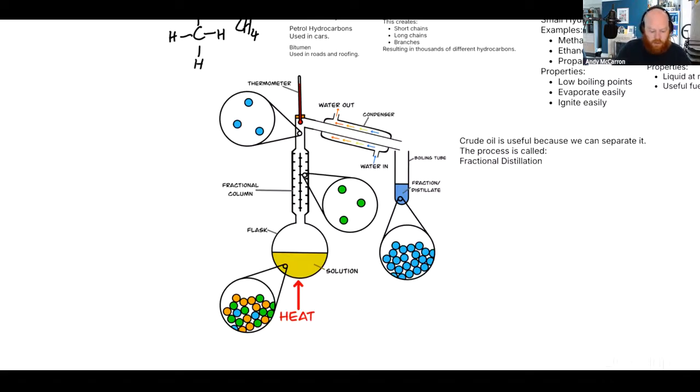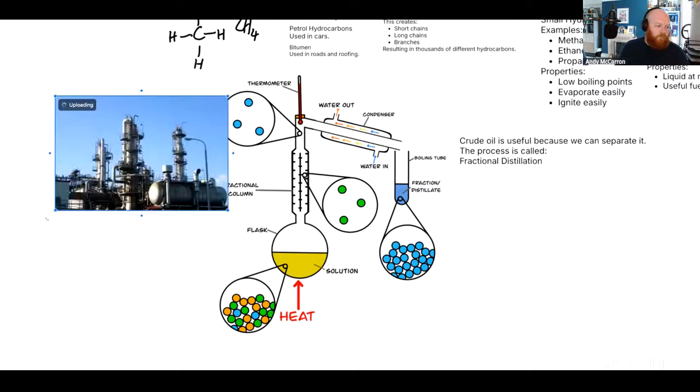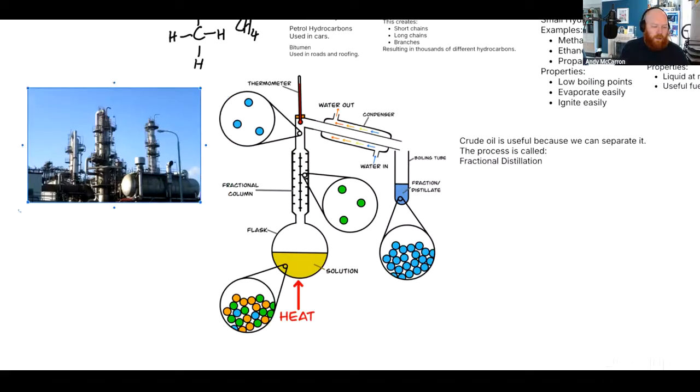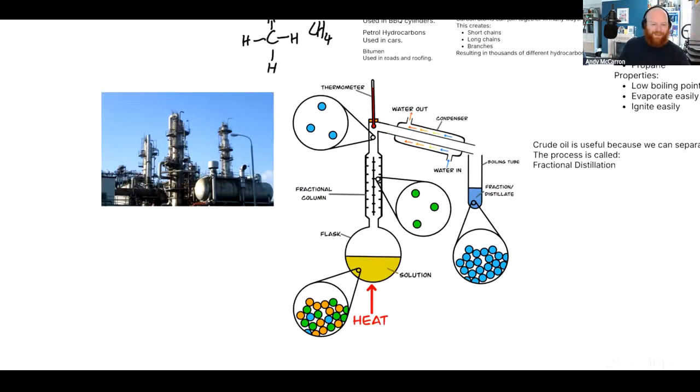Industry wise, we would be at this kind of scale. So in a lab, we'd have just the glassware like this. In industry, it would be huge plants like that, which really makes you realize how things change.